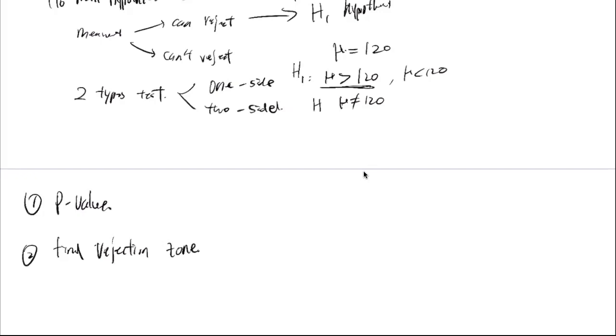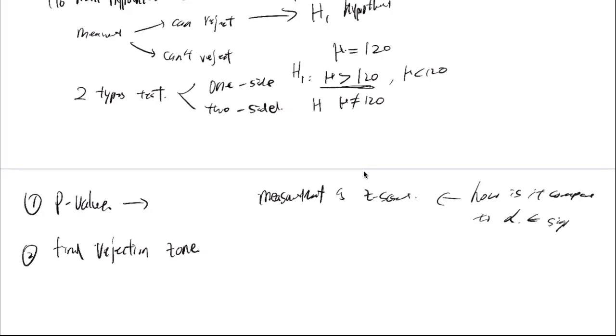Calculating the p-value literally means finding the z-score of the measurement, and then comparing it to alpha. Alpha is our significance level.